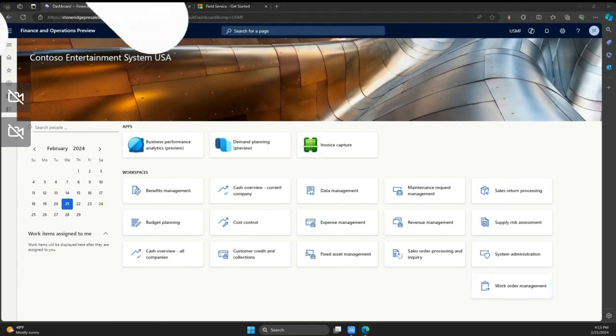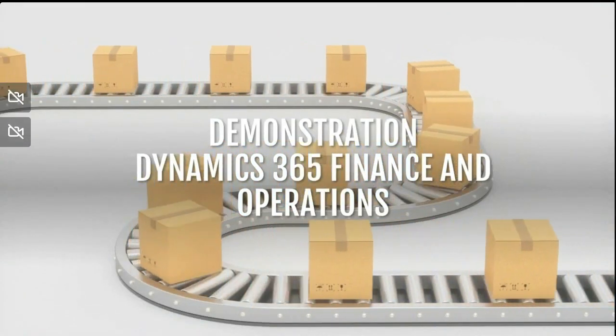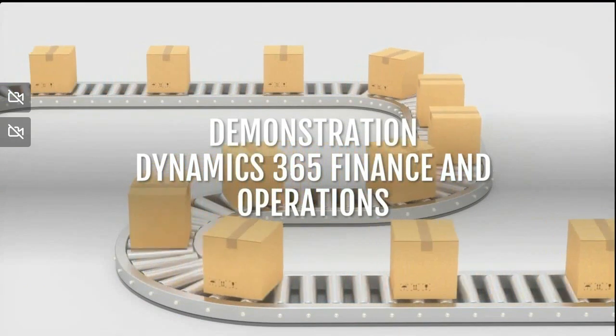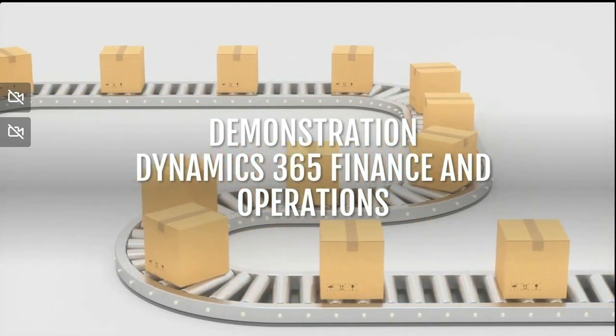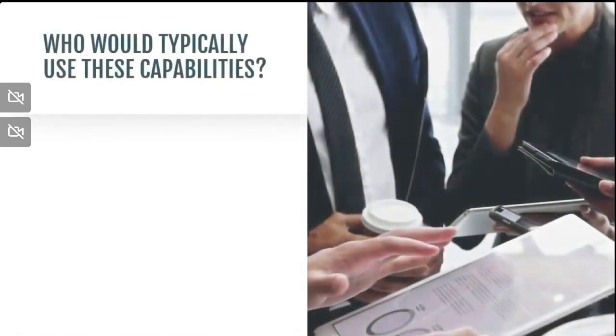Now, if we keep moving along here, I want to give some time to some of the other solutions that we have inside of the Microsoft stack that support some of these asset management capabilities. So first and foremost, to recap what happens on the finance and operations side, who would really use the F&O based capabilities?